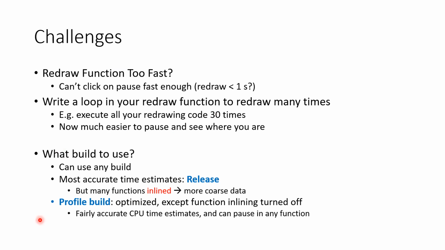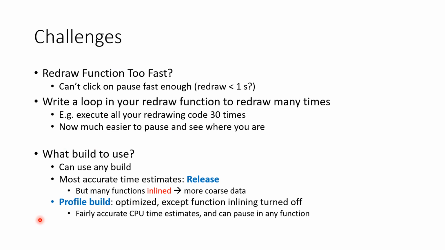Another thing to note is your build. The most accurate time estimates are in the release mode, but you will be less able to see many functions because they are inlined in the release build, which is too optimized to see the details.